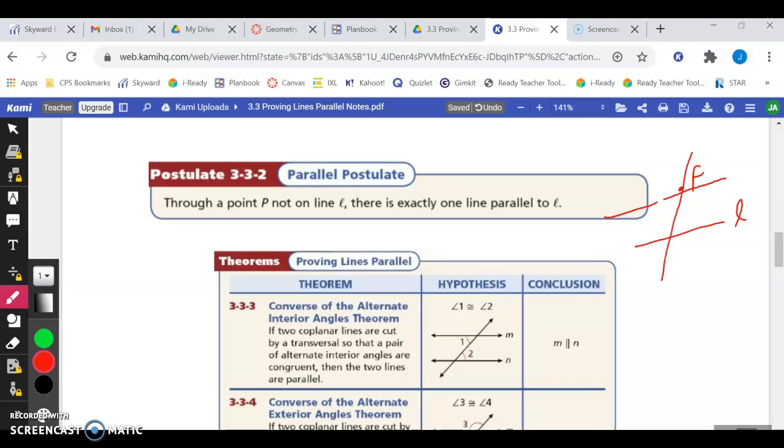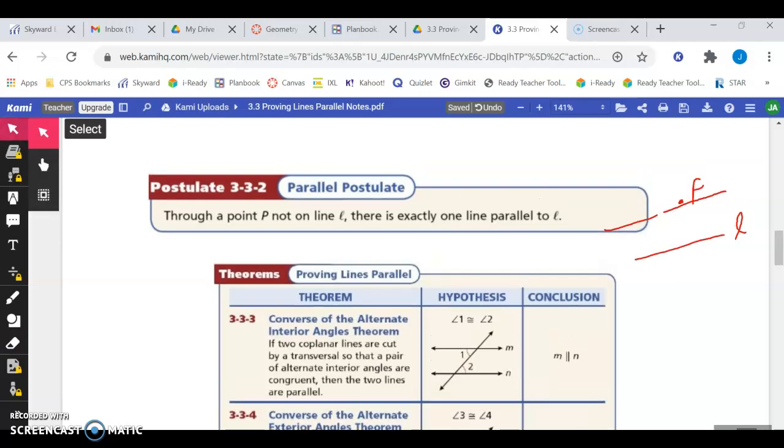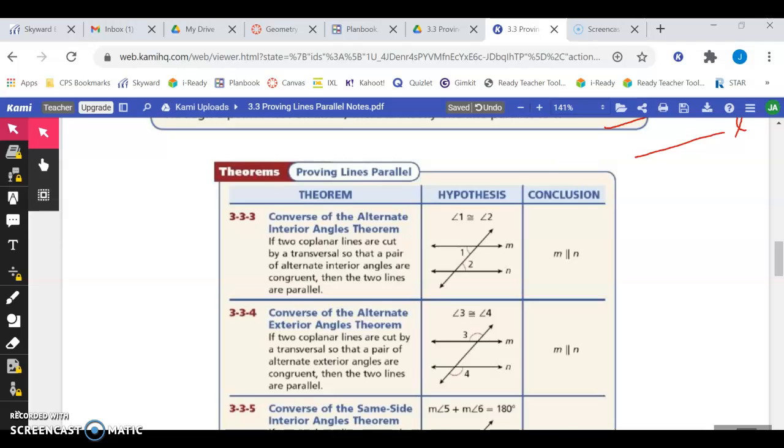I can't have it on an angle because it's going to end up crossing line L. It's something you've already known, but now it's a postulate. We're going to have to use that later on.